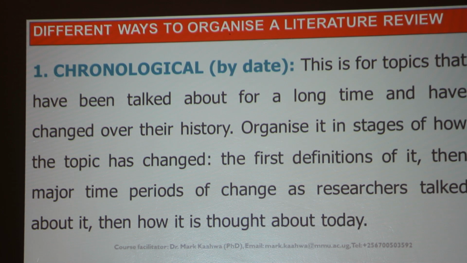Organize it in stages of how the topic has evolved over time. First the first definitions of it, then the major time periods of change as researchers talked about the topic, then how it is talked about currently. So you follow that kind of chronology.